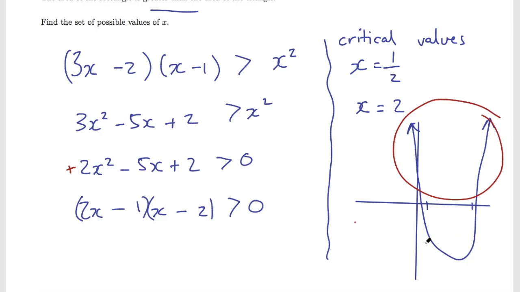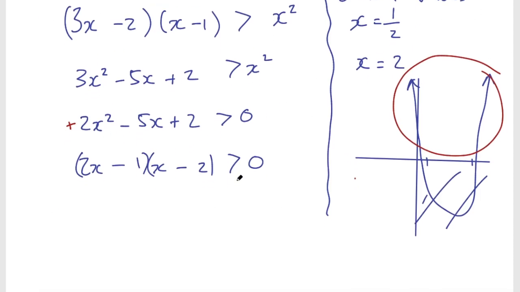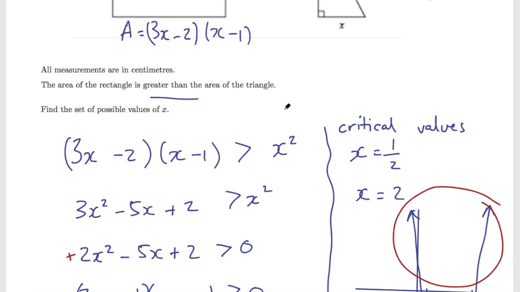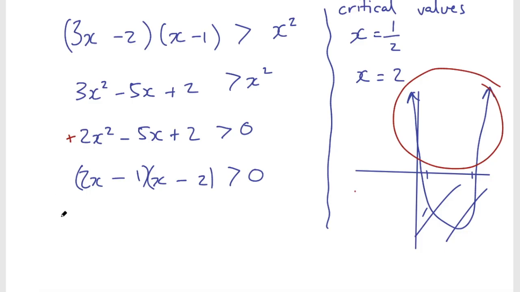All of this in here, between these two values, is when this equation is less than 0. So we don't want to worry about those. We just care about the values above the x-axis when this equation is greater than 0. So what we need to do is say, well, x could be less than a half, or x could be greater than 2.